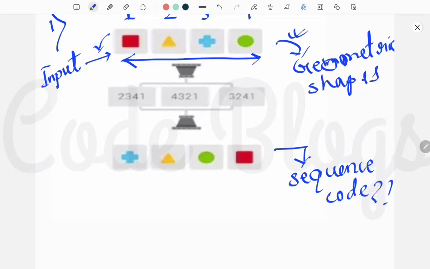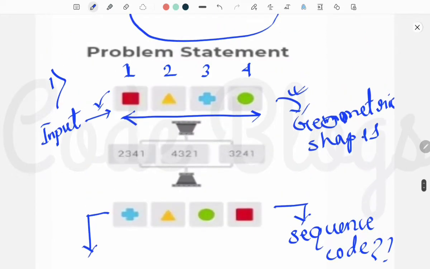After numbering the shapes we have to remember the number for each shape. For the red color, that means for this one, we numbered 1; for the triangle we numbered 2; for the plus sign we numbered 3; and for the circle we numbered 4.